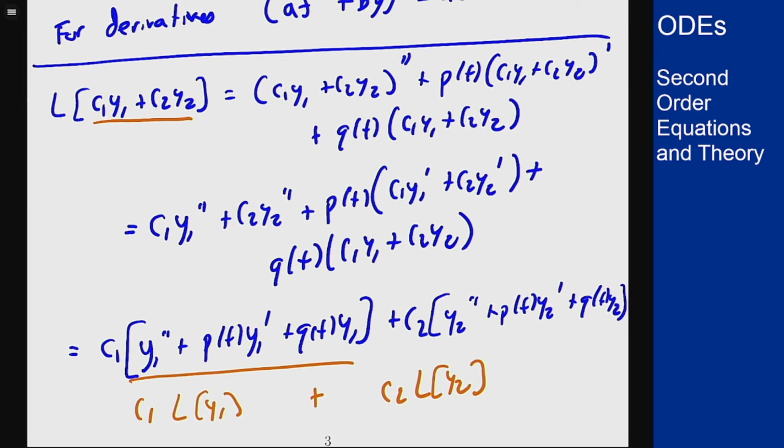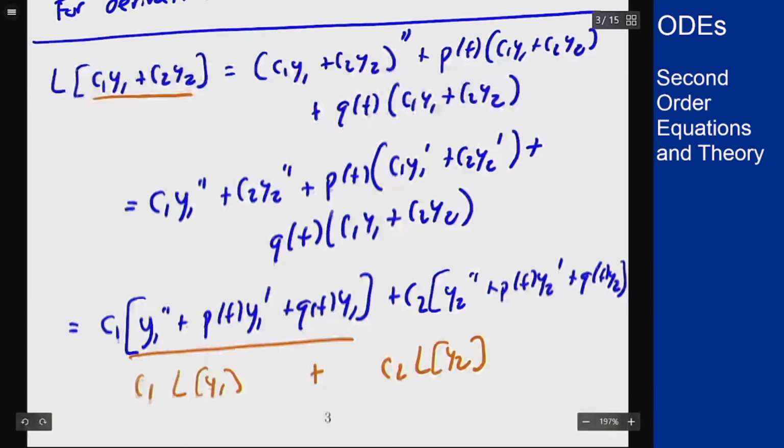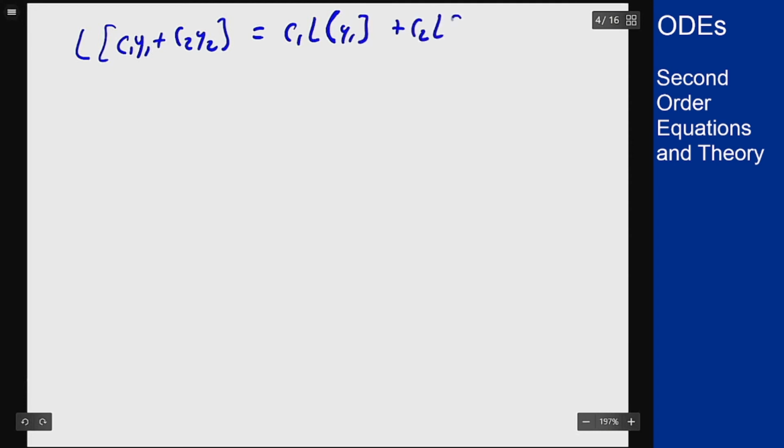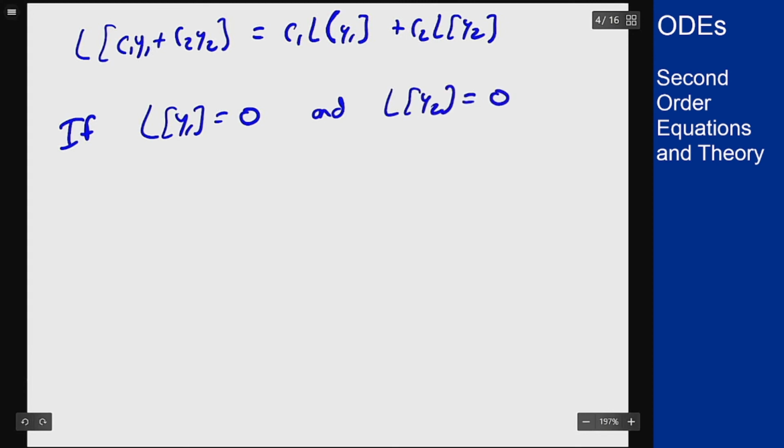But what does that give us for this particular problem at hand? We know that L of the linear combination equals c1 L of y1 plus c2 L of y2. Great. But if we assume that L of y1 is 0 and L of y2 equals 0, then for any constants c1 and c2, this is also 0.